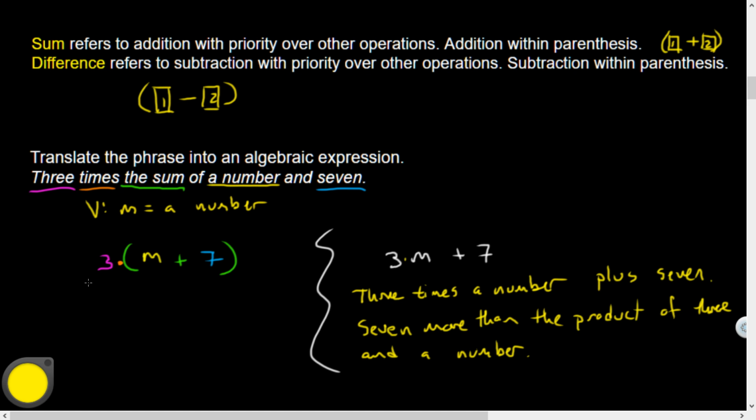Another way I could have worded this one is 3 times the quantity of a number plus 7. That's a funny one. Don't mix that up with quotient. Quantity.